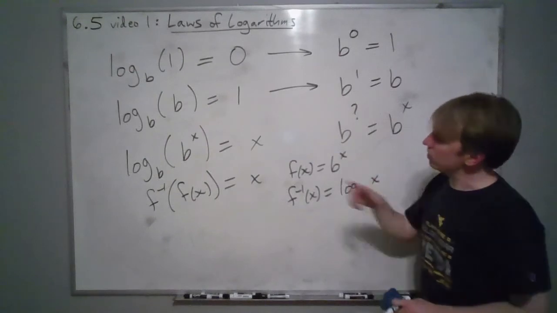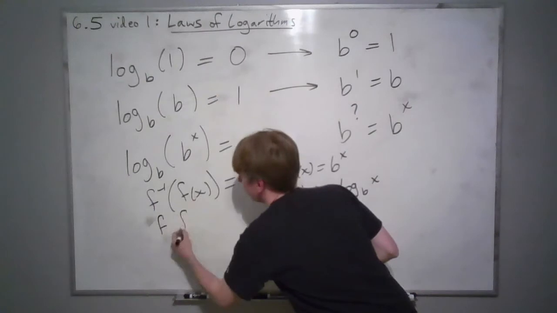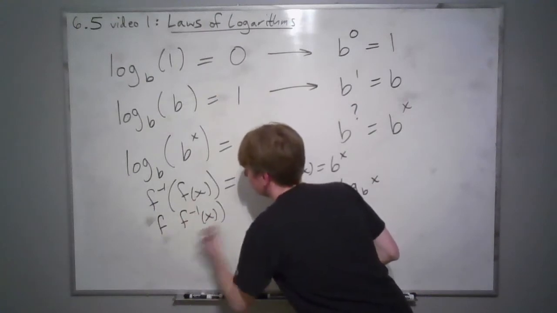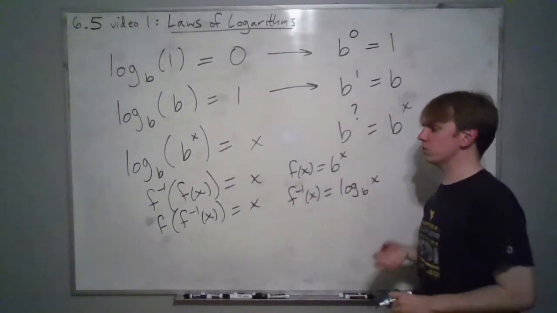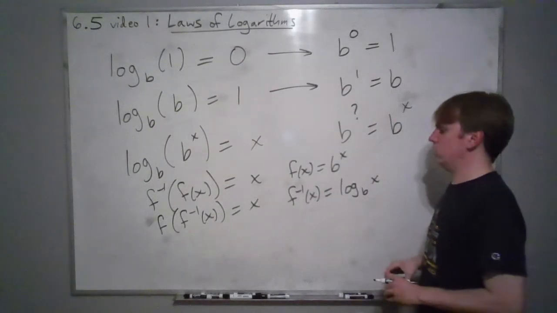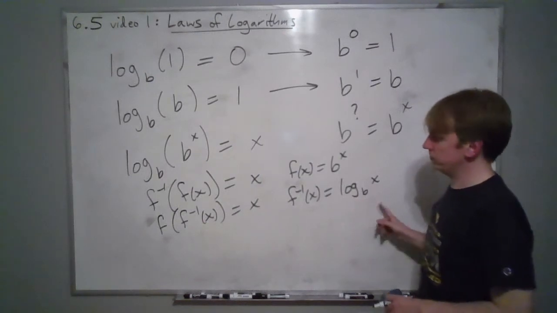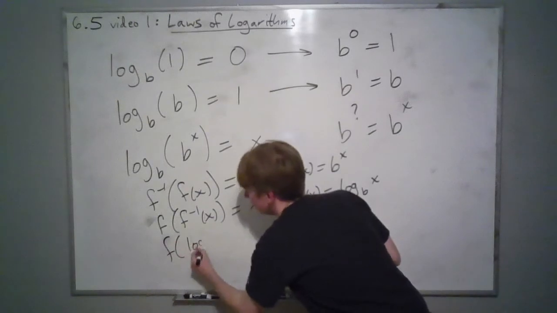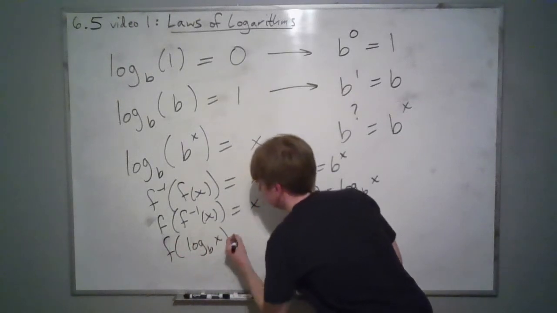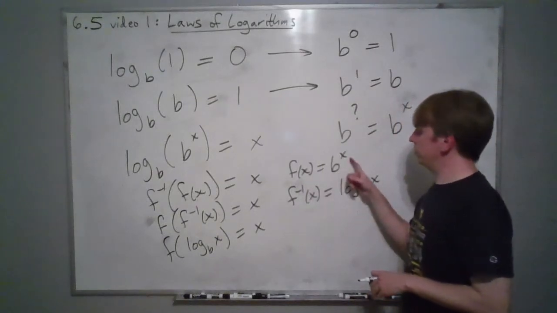Okay, since I just finished thinking about it this way, we should also be able to do it in the reverse order. We should be able to put the inverse function on the inside. If I do that, then the logarithm is on the inside. So this is f of log base b of x. But the function f is b to an exponent.